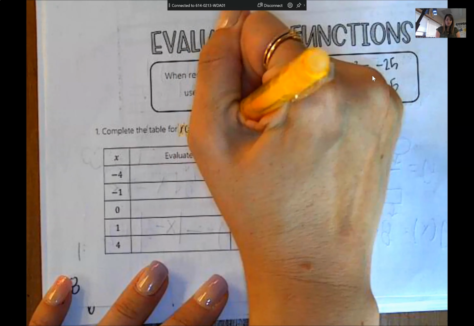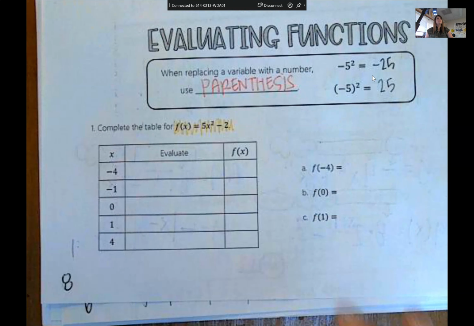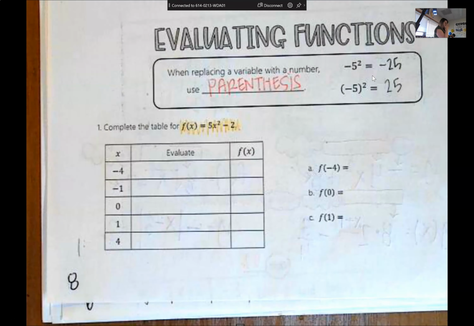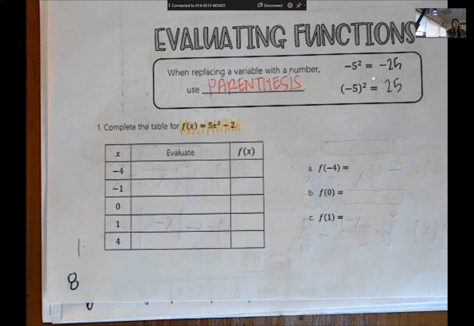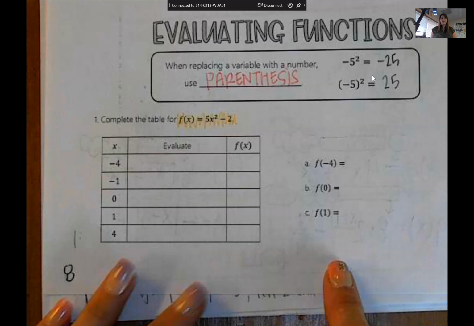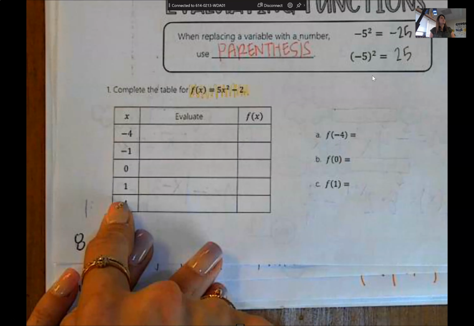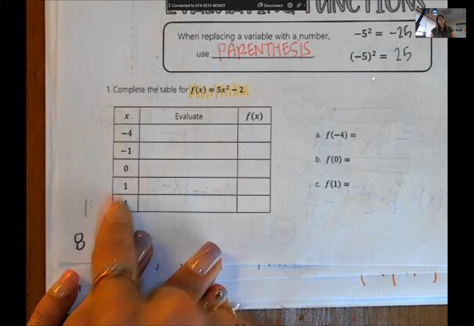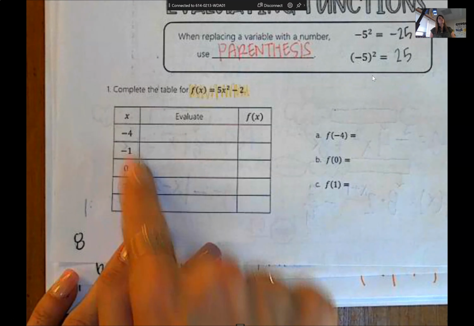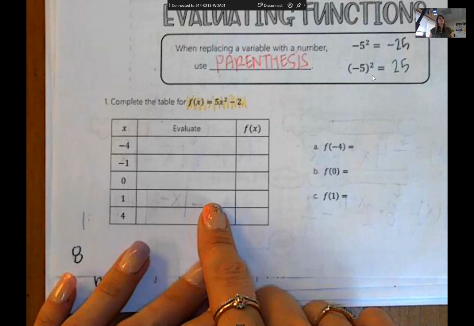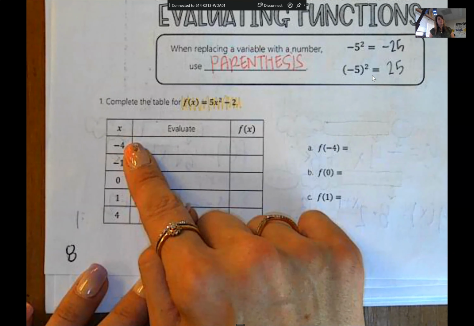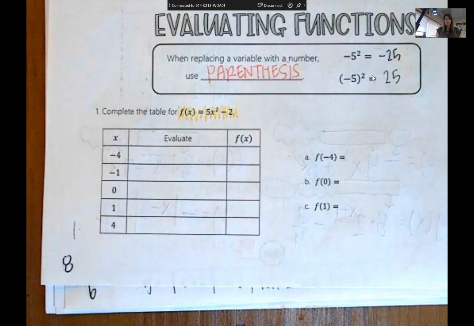So they want us to evaluate this function for a bunch of different x values. And when they want to know what the function is for more than one x, the easiest way to keep track of your work is by using a table. So we're going to use this table to keep track of how we evaluate this 5x squared minus 2 at these different x values. So on this first one, how I would write it is 5.